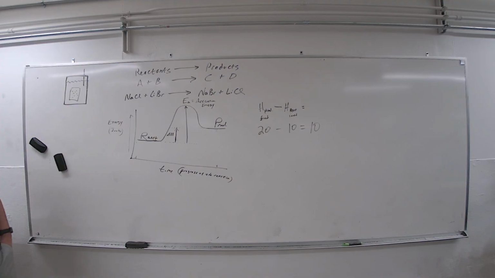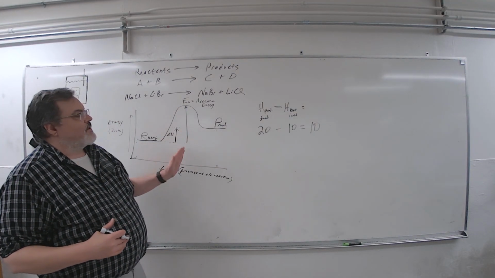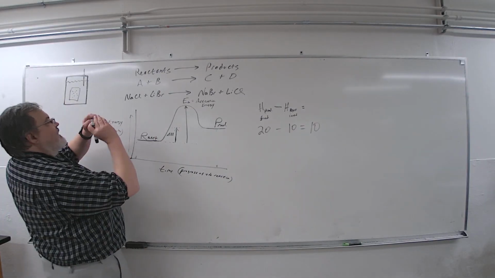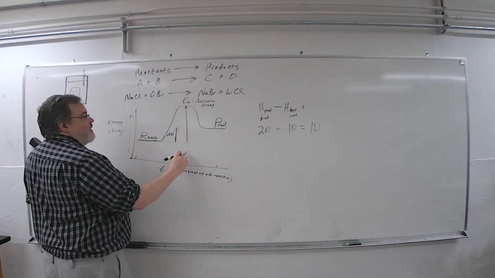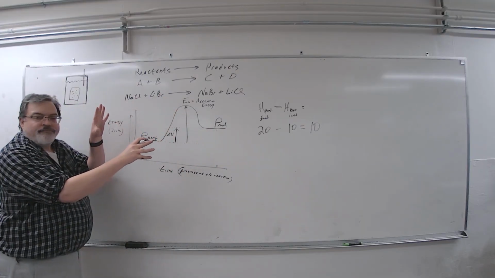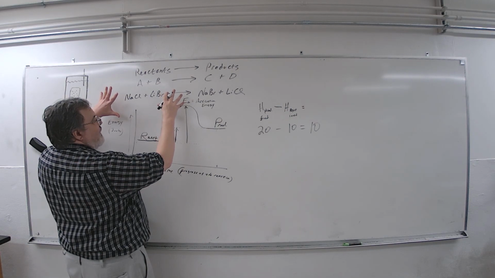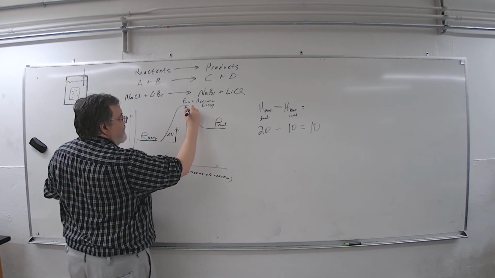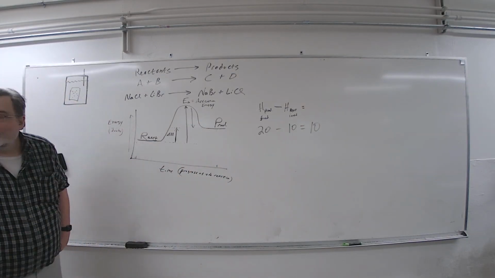And in case you're wondering, there's the reactants, there's the products, how the heck do you get all this energy? Well, the point is, you have to put energy into these to break them apart. That's what this is. This is breaking these apart. So it's this much energy to break these apart, and then when they come back together, this much energy comes out to form the products.